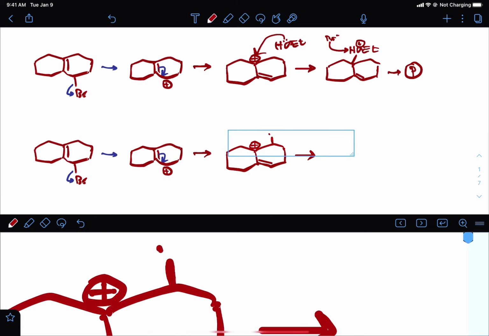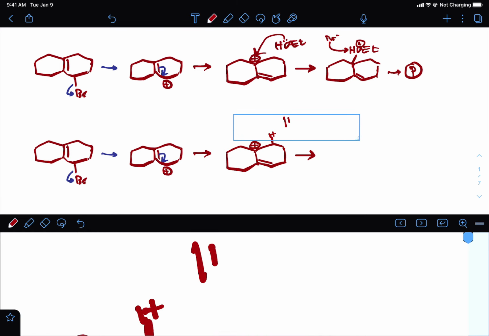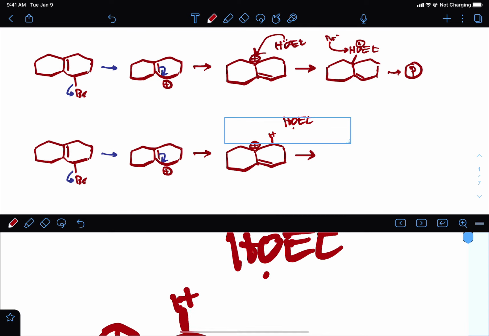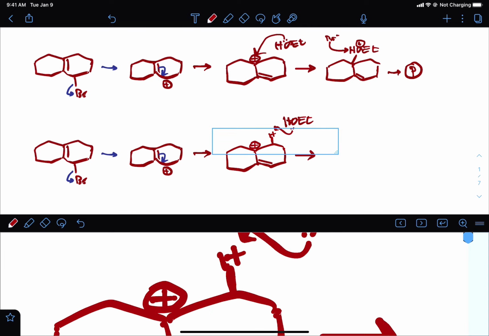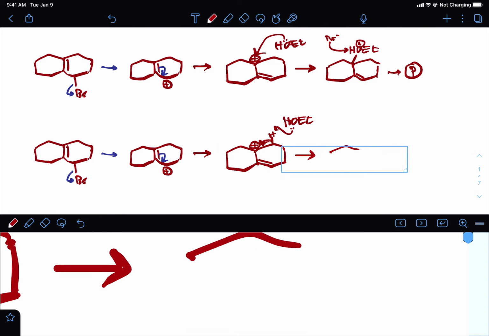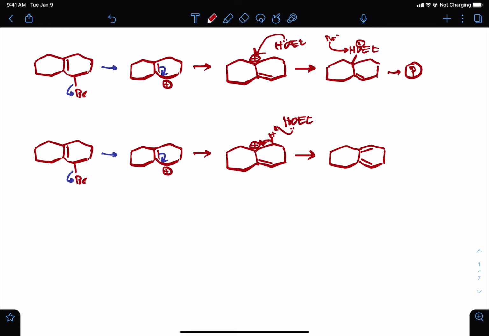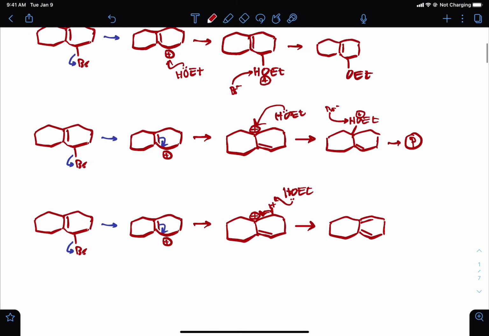Then we've got a hydrogen right here, which our HOEt can remove. Okay. So that is going to grab the H. The electrons fall in, and we make a pi bond. So that's kind of the beauty, but also the complexity of the E1 and SN1 mechanisms.